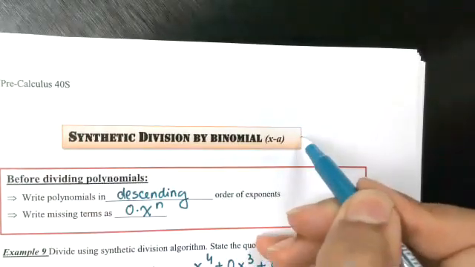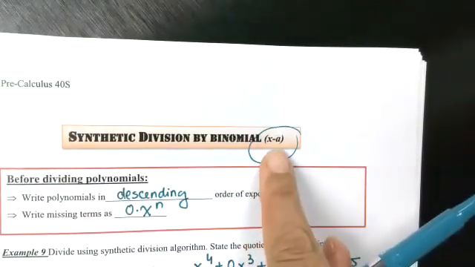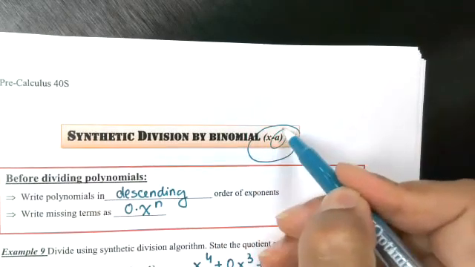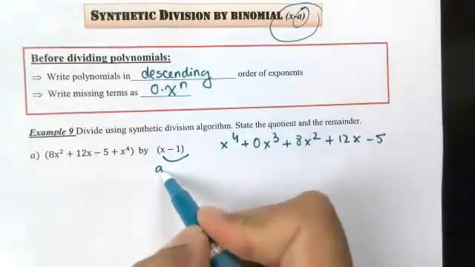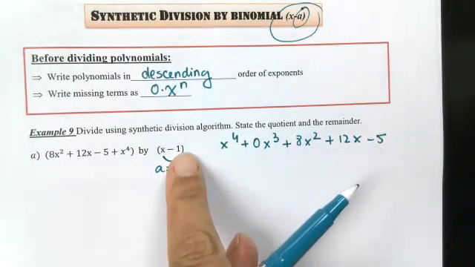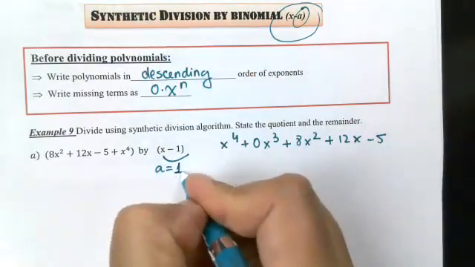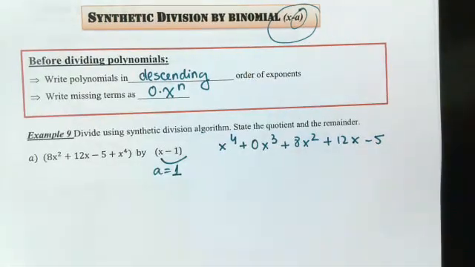And because the synthetic division is always going to be by this binomial form, x minus a, okay? This a from here is this opposite number I'm talking about. So what is a from x minus 1? A is 1 all the time. So opposite sign you see in the binomial.